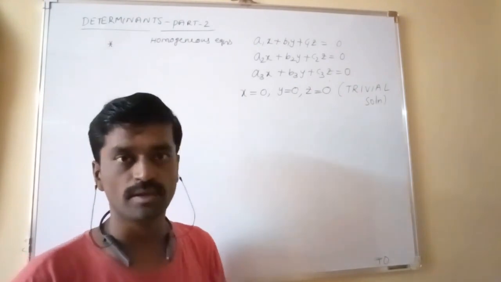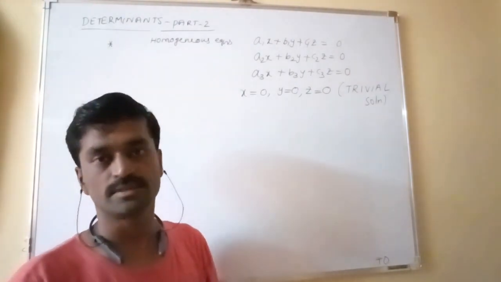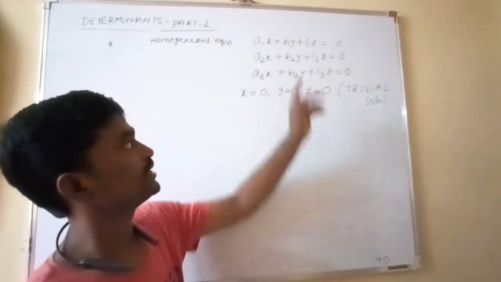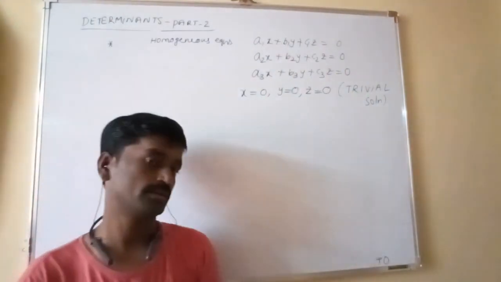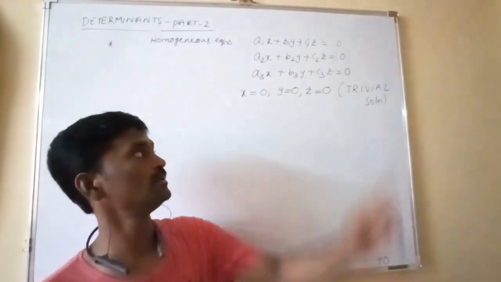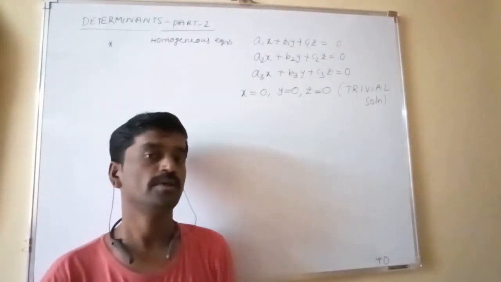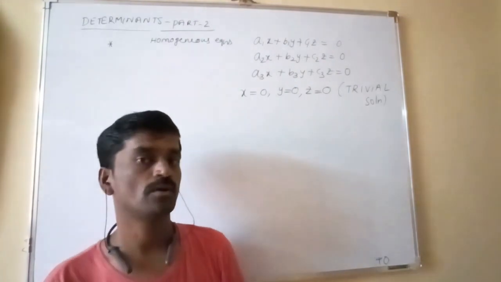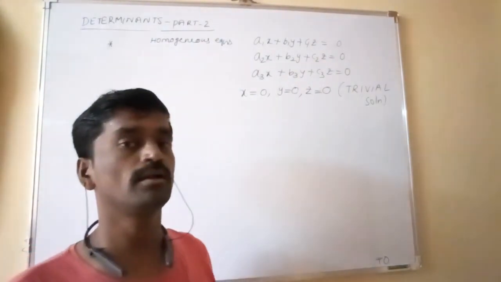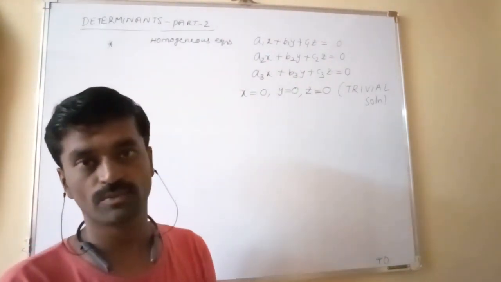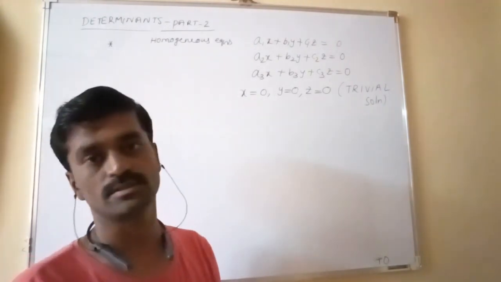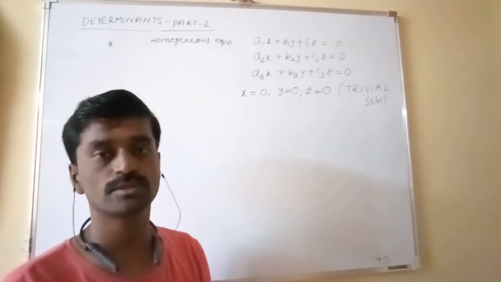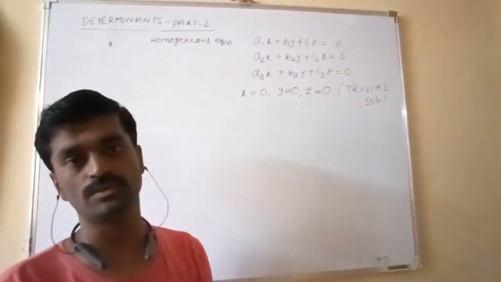So if we can find x, y, z, among those three numbers at least one of them not equal to zero, satisfying these equations, then automatically we can find infinitely many values of x, y, z satisfying the given system.